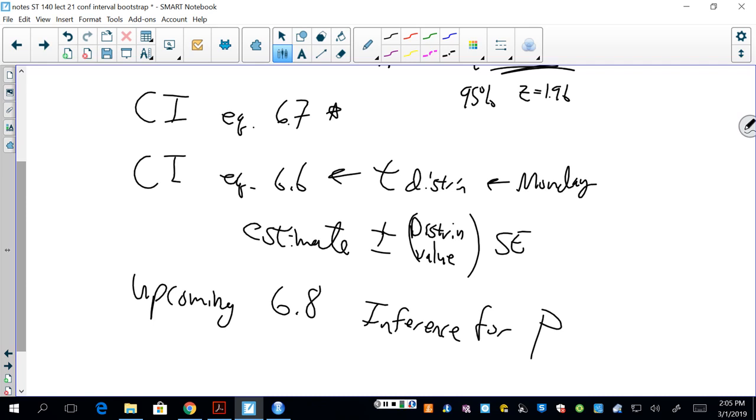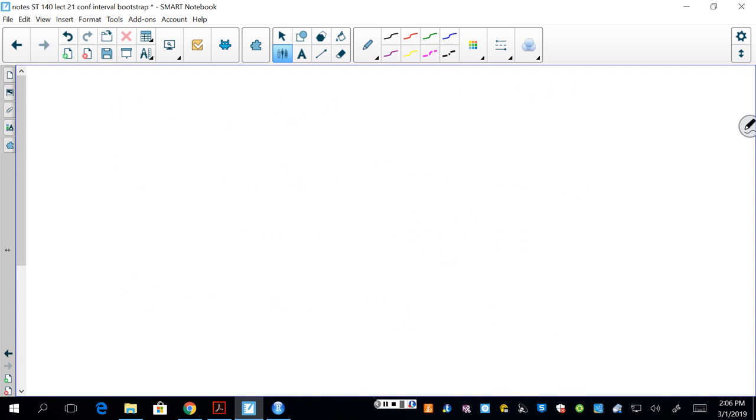So we'll have a formula for the t, and then a formula for inference for proportion. We'll skip a couple of sections. Not that they couldn't be done, but they just add more complexity to things. So we will plan to skip 6.7, estimation of a population variance.